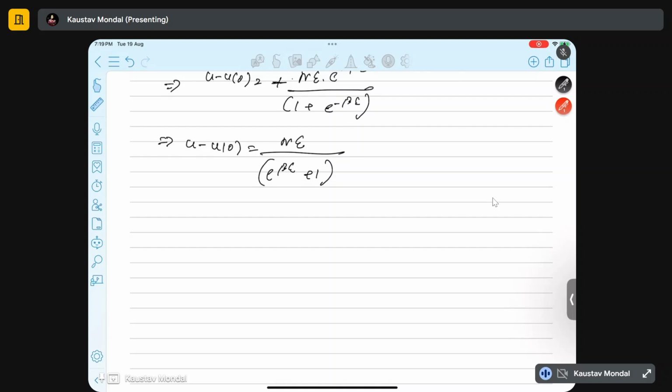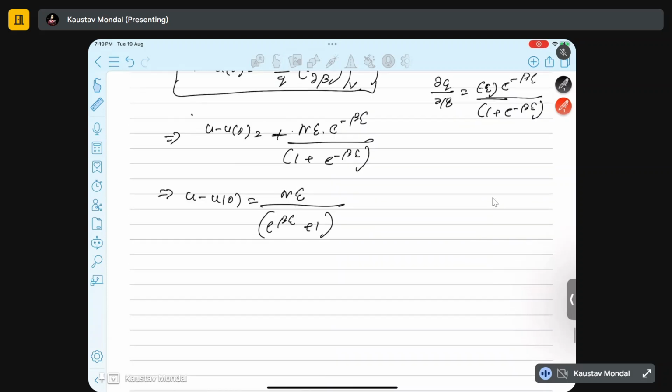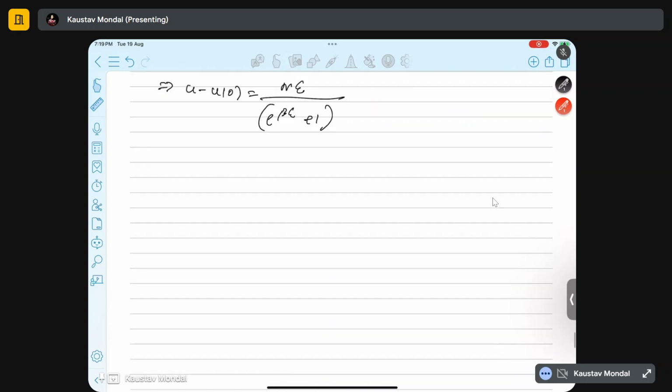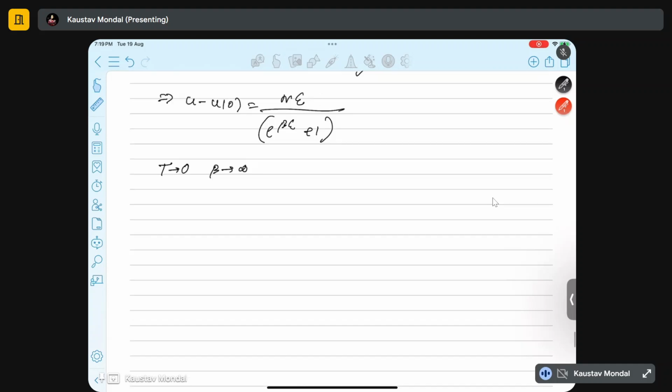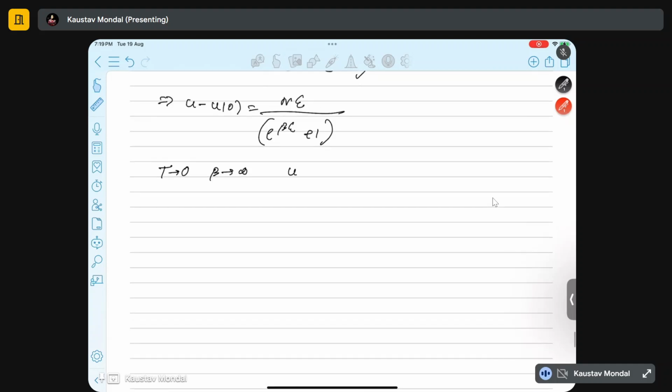And from now on, we will check this limit of internal energy at extremum cases, right? The first extremum case is where T tends to 0, that means beta tends to infinity. In that case, U would be n epsilon by e to the power beta epsilon, which tends to infinity, plus 1, so this whole thing divided by infinity tends to 0.